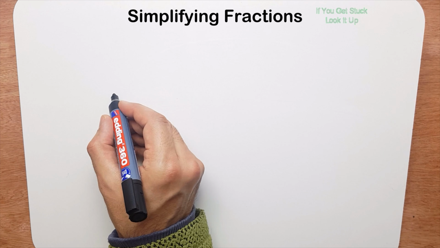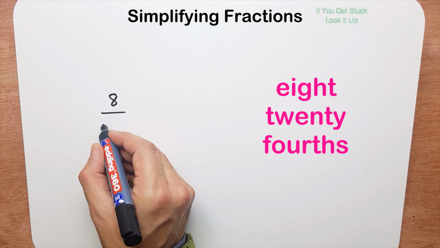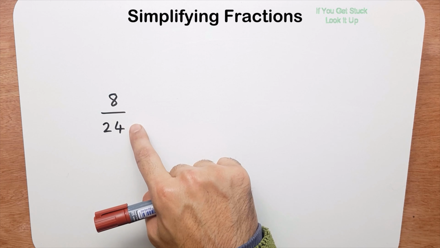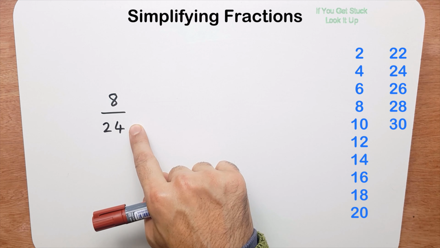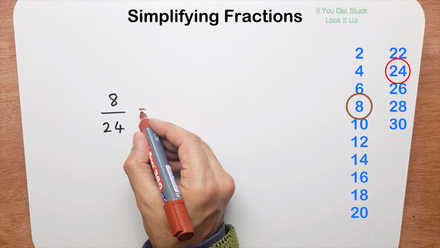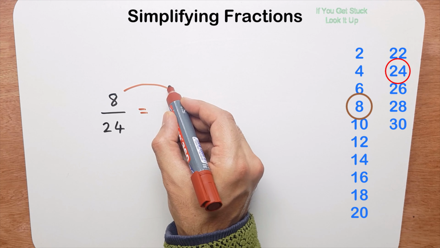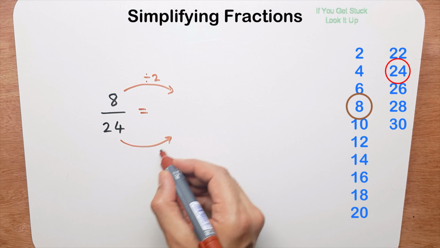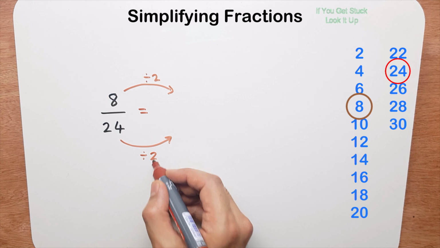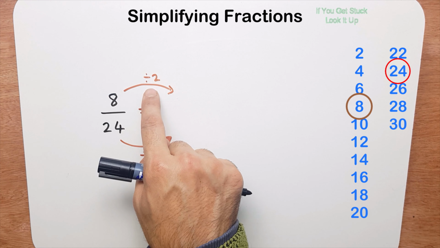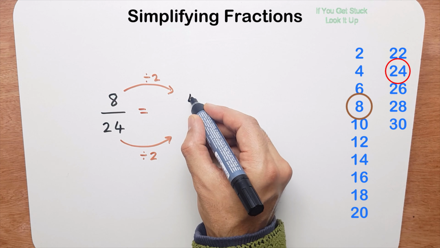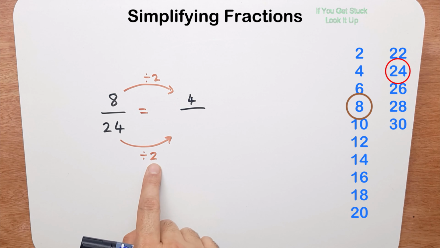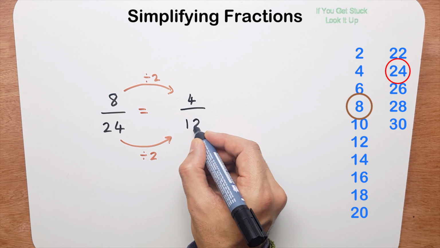My next question is 8 24ths. I can see that they're both even numbers and they're both in the 2 times table, so I can divide the numerator by 2 and I can divide the denominator by 2. 8 divided by 2 is 4, and 24 divided by 2 is 12.